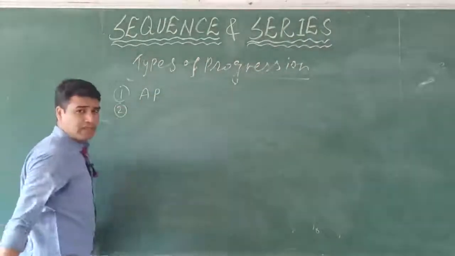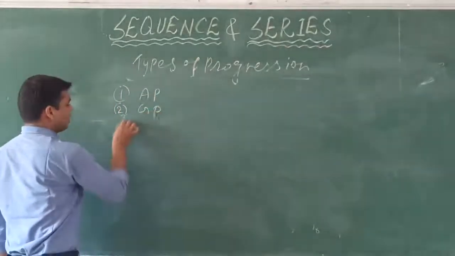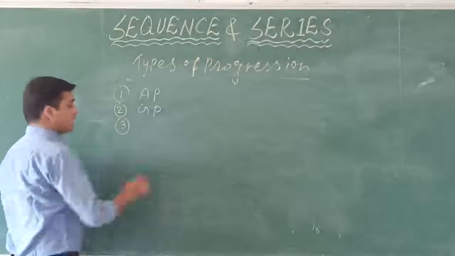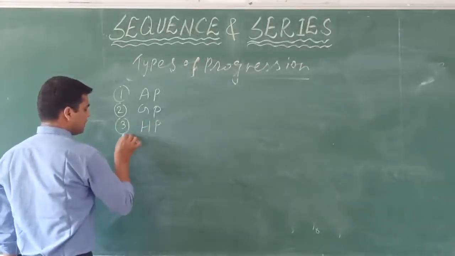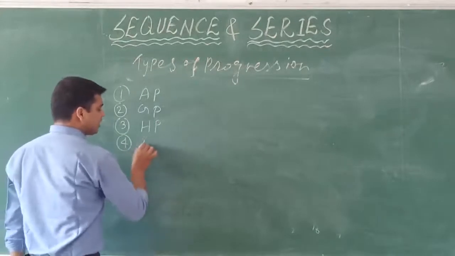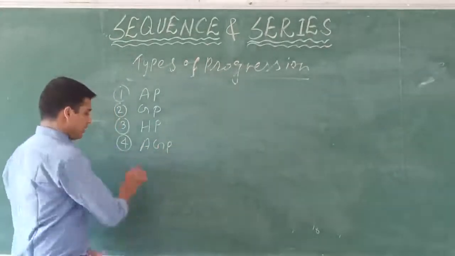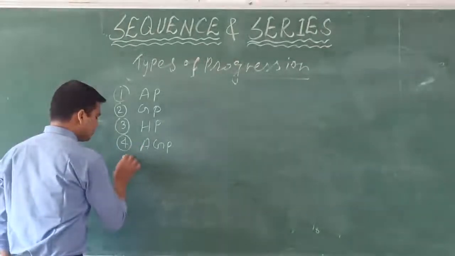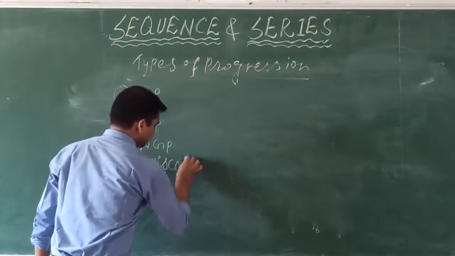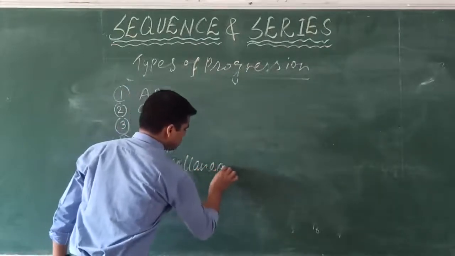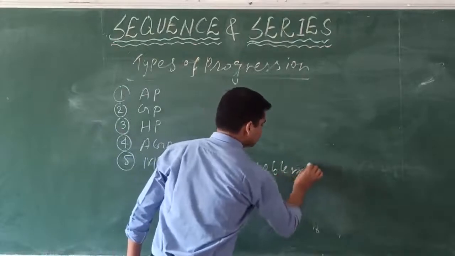Second, geometric progression, in short GP. Third, harmonic progression, in short HP. Fourth one is AGP, means arithmetico-geometric progression, in short AGP. Last one is miscellaneous problems. We will discuss one by one here.